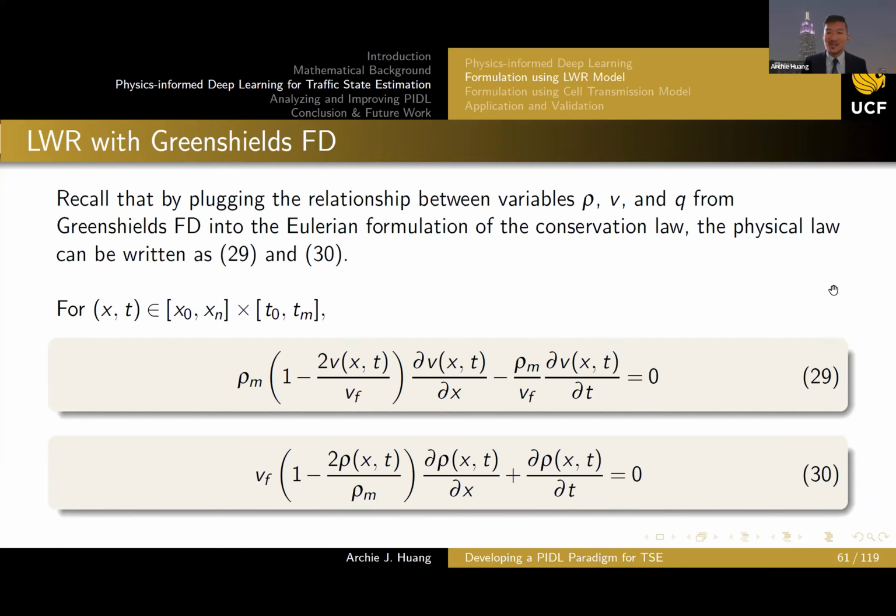So here, equation 29 and equation 30 are both LWR equations paired with the Green-Shields fundamental diagram. It's just that in equation 29, you see all the partial derivative terms are about the velocity term v, and in equation 30, you see the partial derivative terms are about the traffic density rho.